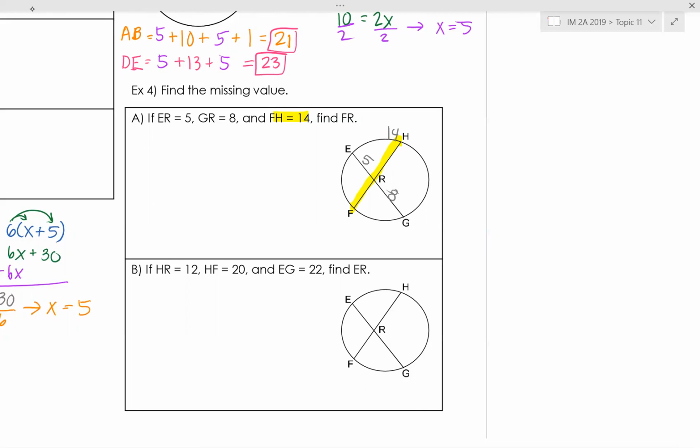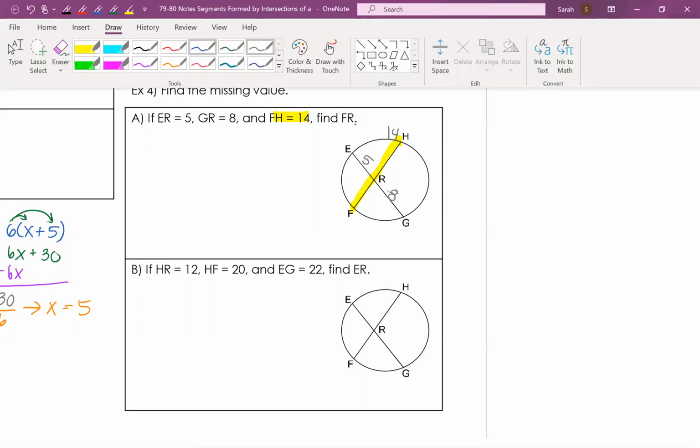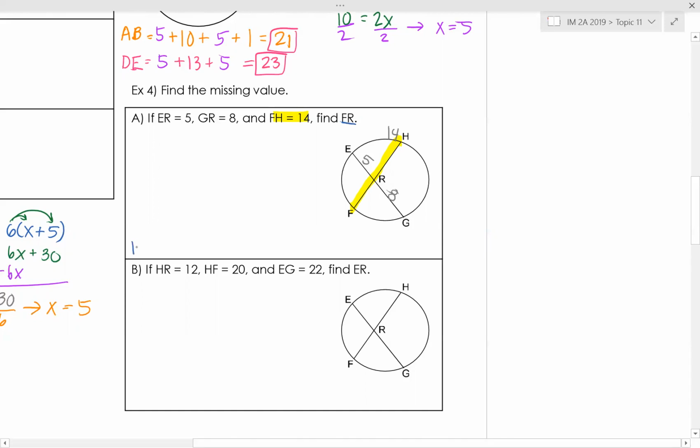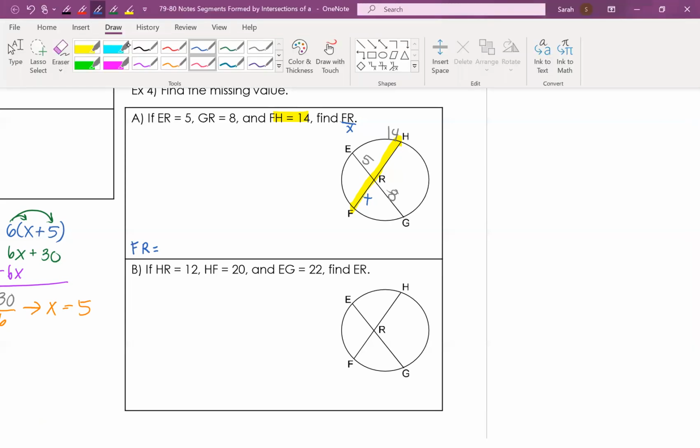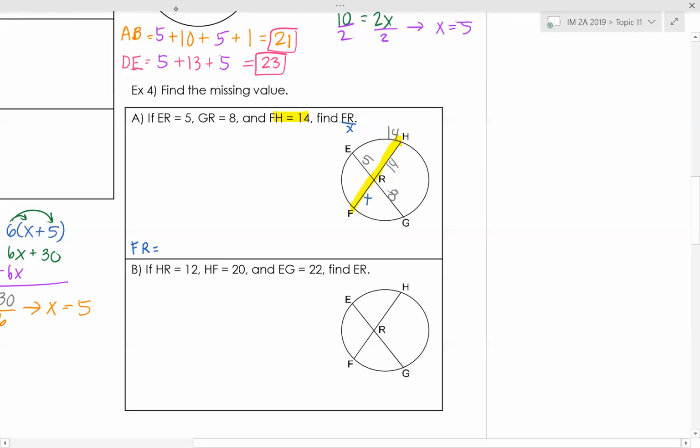So since the problem is looking for FR, so since our final answer is going to be what is FR equal to, I'm going to call FR X. So if I label FR as X, and I know that the whole length is 14, that means that then this side from R to H is 14 minus that X.